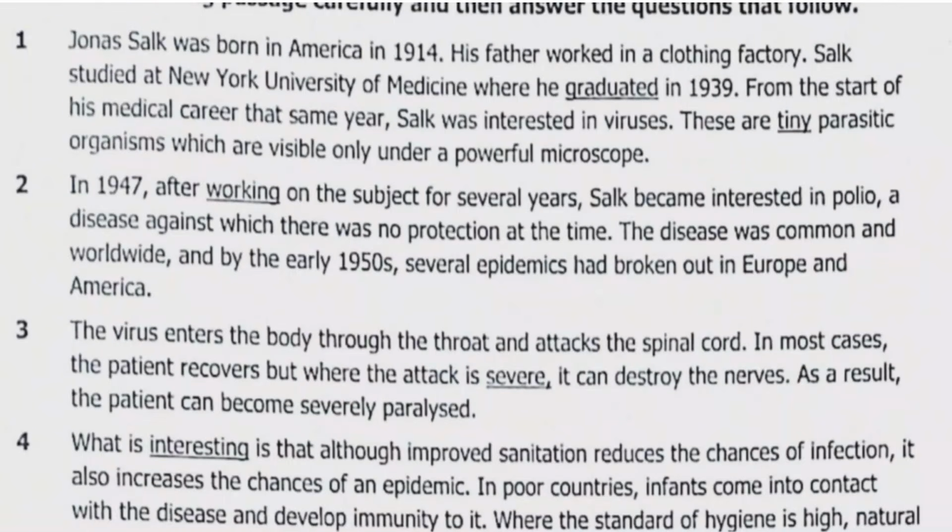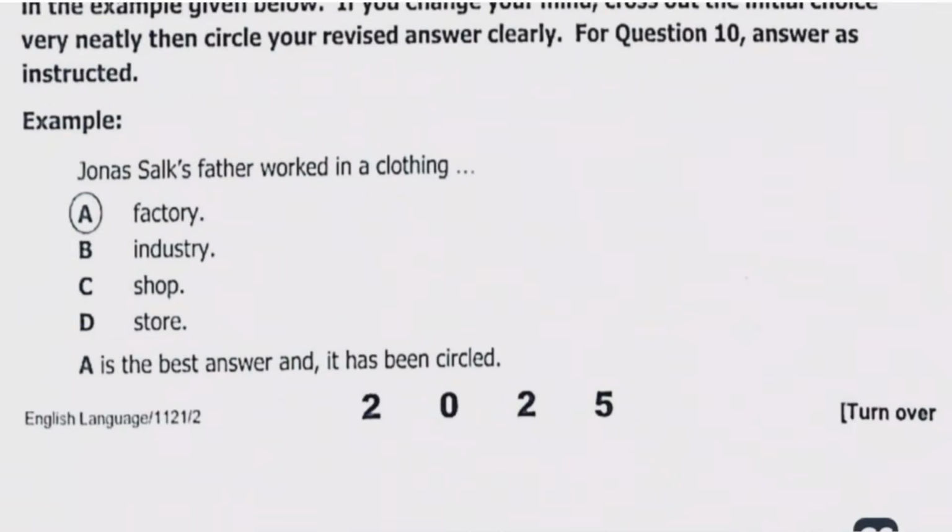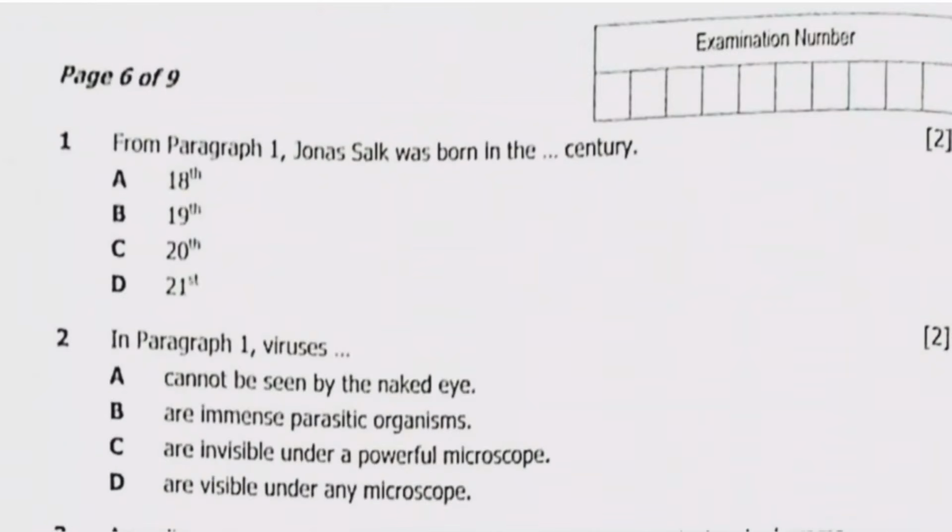They're saying Jonas Salk was born in America in 1914. So 1914, that is the 20th century. Now we are in the 21st century, so 1914 will be the 20th century. The correct answer is C. So I'm going to circle C.